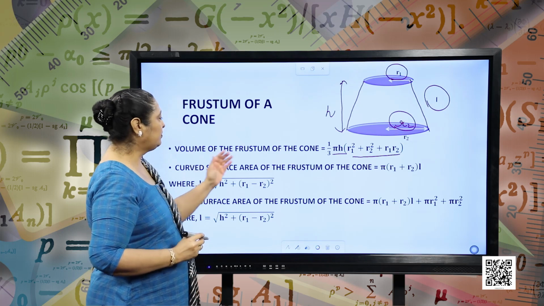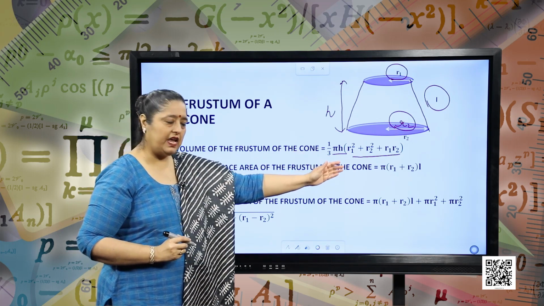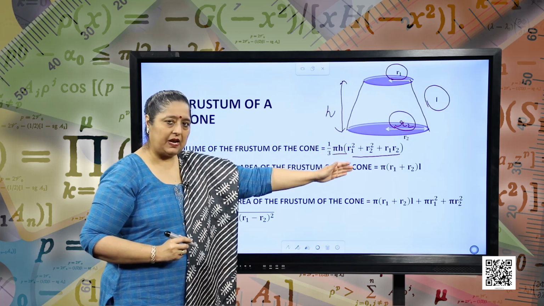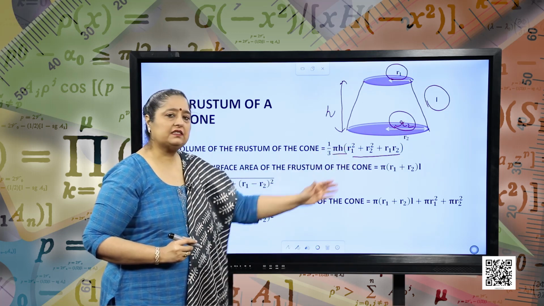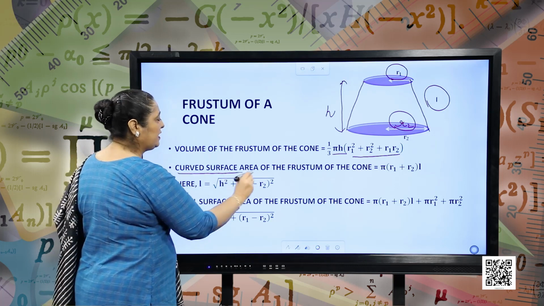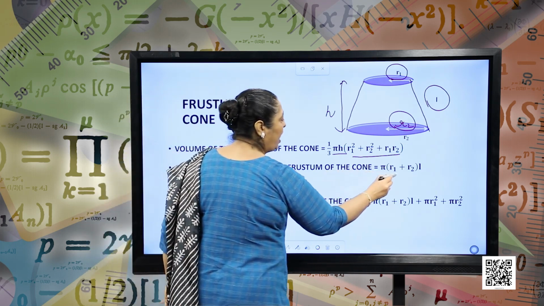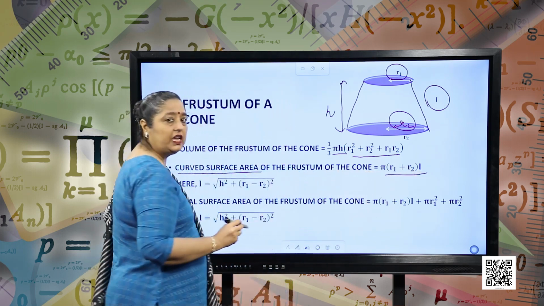And the curved surface area can be given as pi (r1 plus r2) into L.